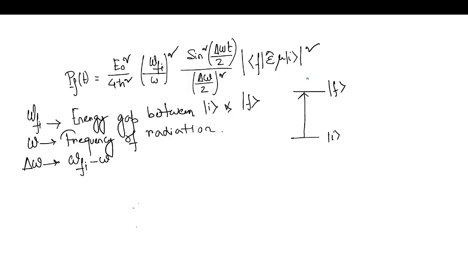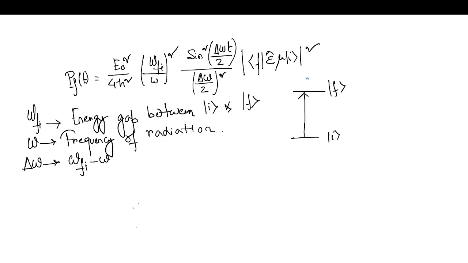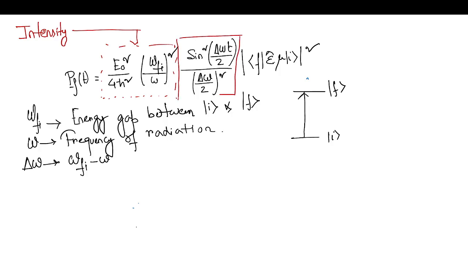Now if I look at the function as a whole, this part actually contributes to intensity. This one is the modulation factor, and this is the transition dipole moment integral.